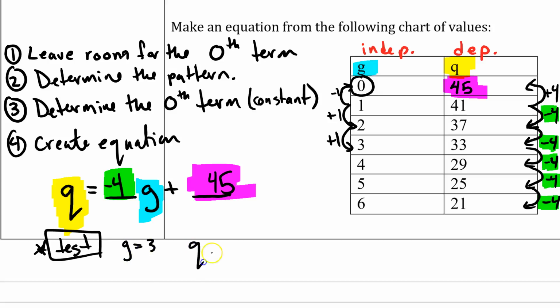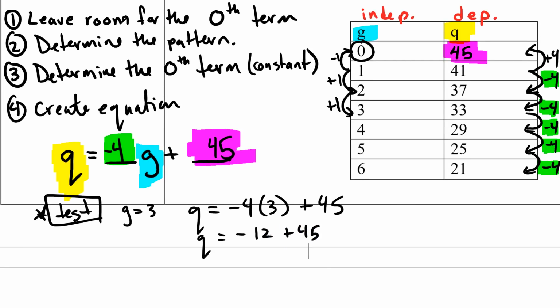Then I say Q equals negative 4 times 3 plus 45. Q equals negative 12 plus 45. And guess what, folks? That is indeed Q equals 33.